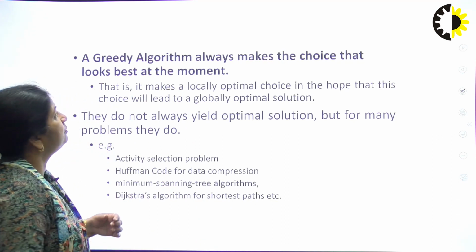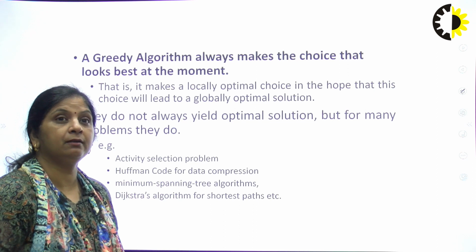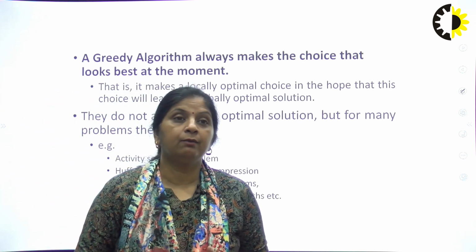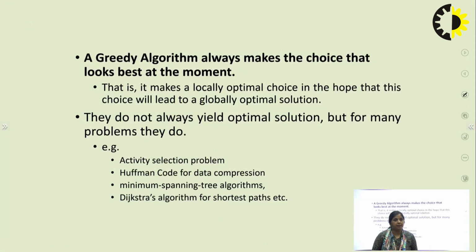The algorithm always makes the choice that looks best at the moment. When we are applying the greedy algorithm, we will be greedy about the current scenario. What we mean by being greedy about the current scenario is that whatever looks best to us at the moment, that we will consider.